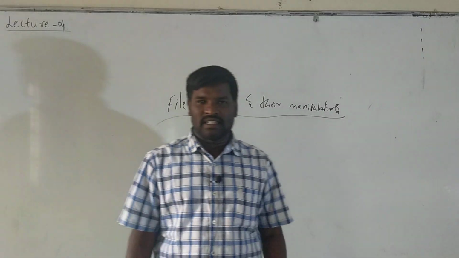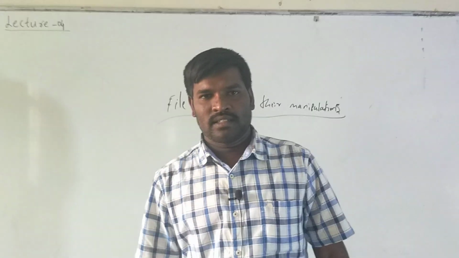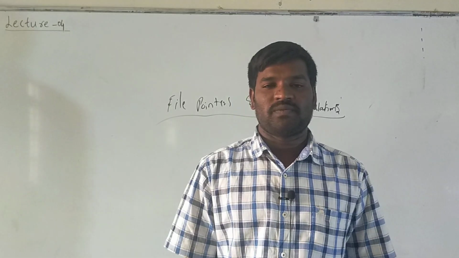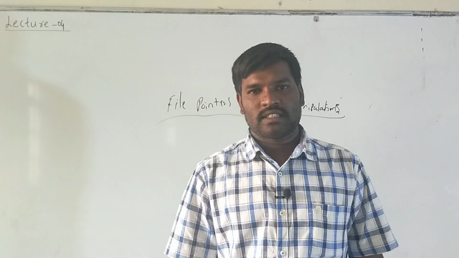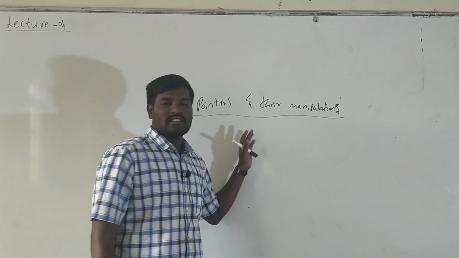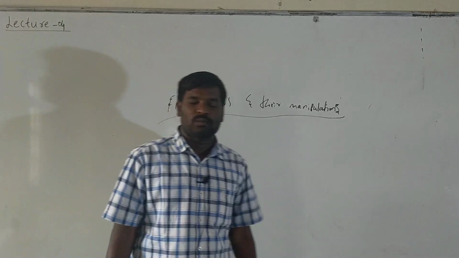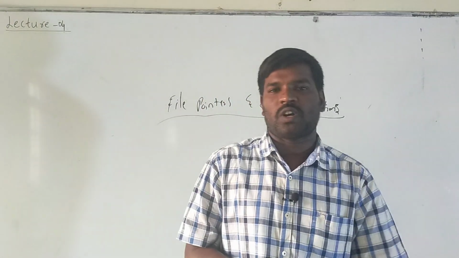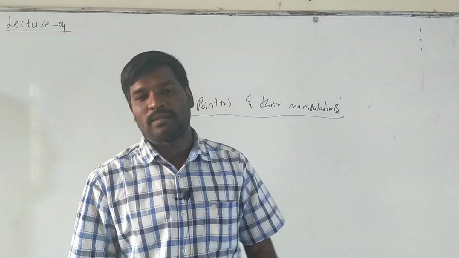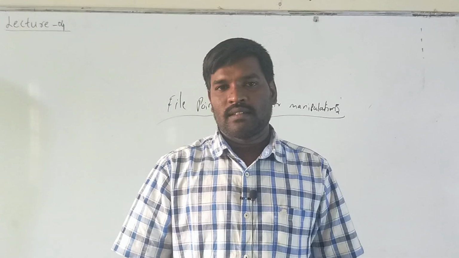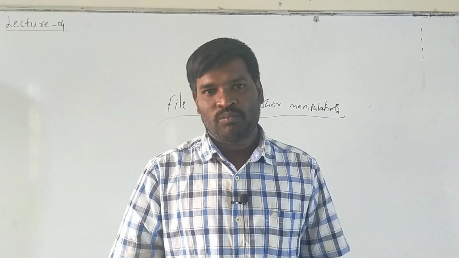At the beginning I said tellg, tellp, seekg, seekp functions in the stream classes. File pointers and their manipulation means that with the help of member functions, either ifstream member functions or ofstream member functions, you can easily manipulate the file text.